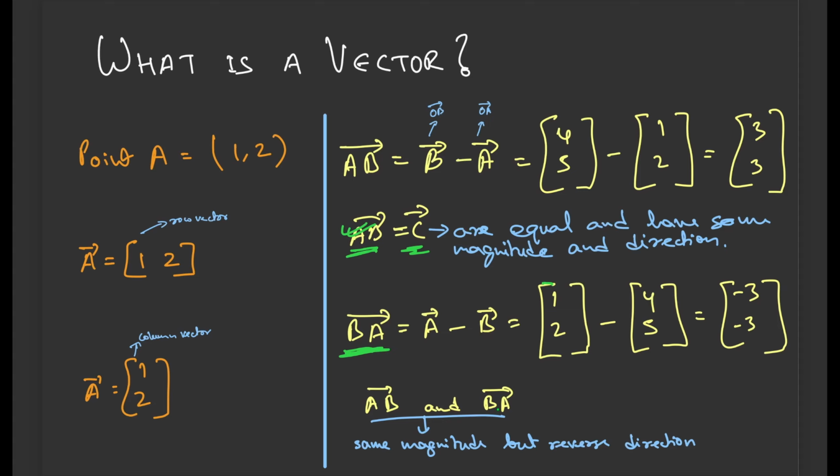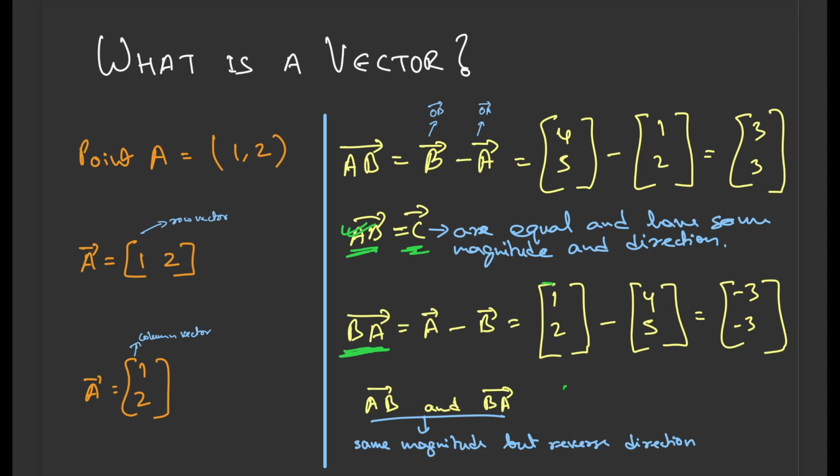Now, AB and BA have the same magnitude but reverse direction. If you do not consider the sign, the values are the same, 3, 3 and minus 3, minus 3. The direction is reversed because if you multiply each component of this vector by minus 1, you get the vector BA. So that means it's in reverse direction.